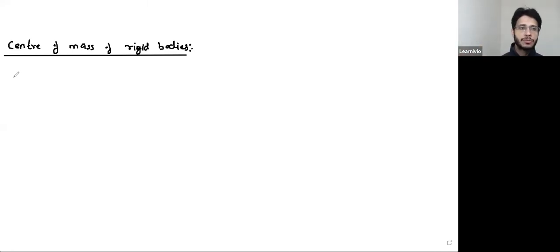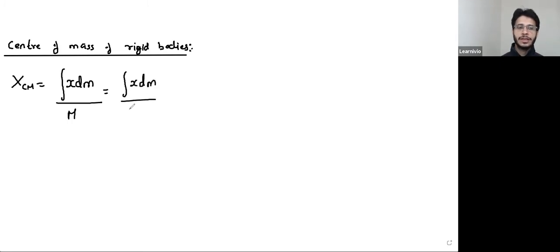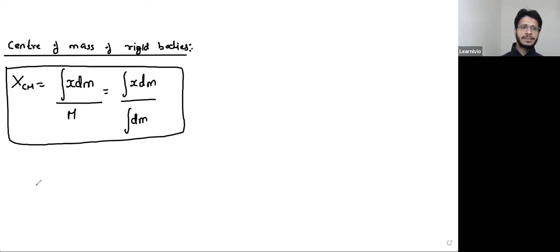So for a rigid body, to calculate x coordinate of center of mass, we don't add, we basically integrate x dm, and then I divide it by total mass. This total mass can also be calculated in this way, as integral of dm. So instead of addition, you will use integration. Similarly, you can write expressions for y coordinate, z coordinate of center of mass.